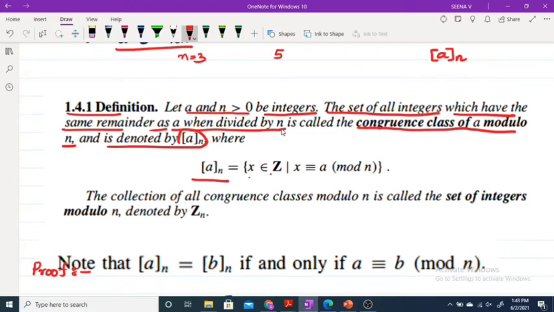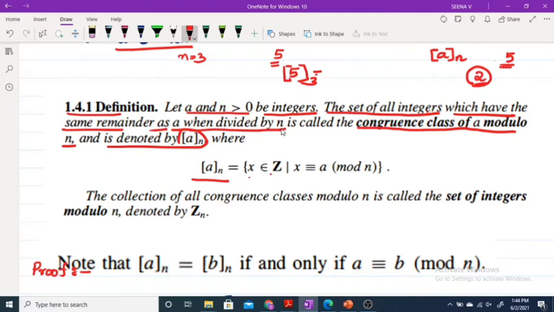By definition, what is the congruence class of 5 modulo 3? The set of all integers which have the same remainder as 5 when divided by 3. When 5 is divided by 3, the remainder is 2. So you have to consider those integers which have remainder 2 when divided by 3.